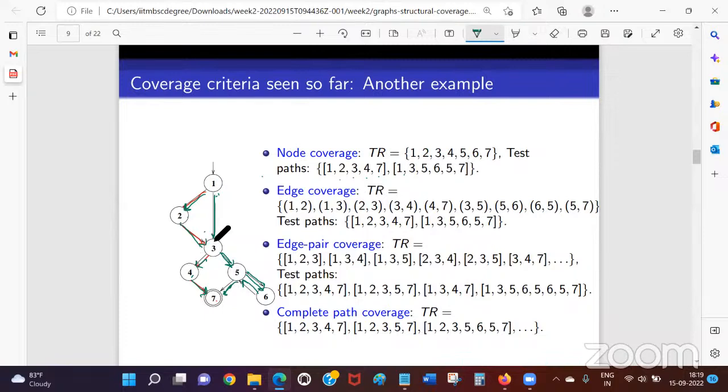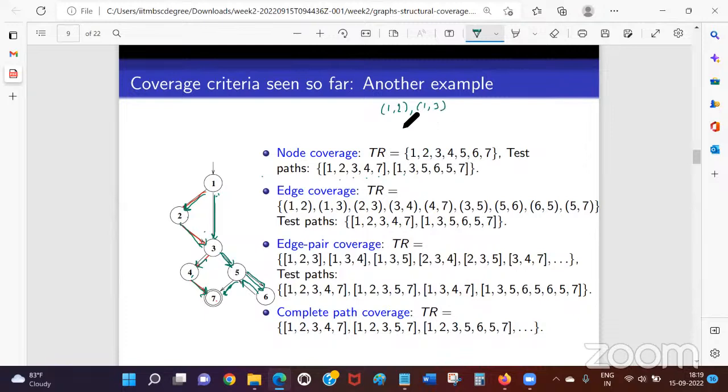Now the question is, does it also cover all the edges? If you list out the edges, how many edges do we have? I suggest whenever you are counting the edges, please write them down in this way so that you do not make mistakes. Let us first put down the edges which start with 1. That's 1, 2 and 1, 3, right?